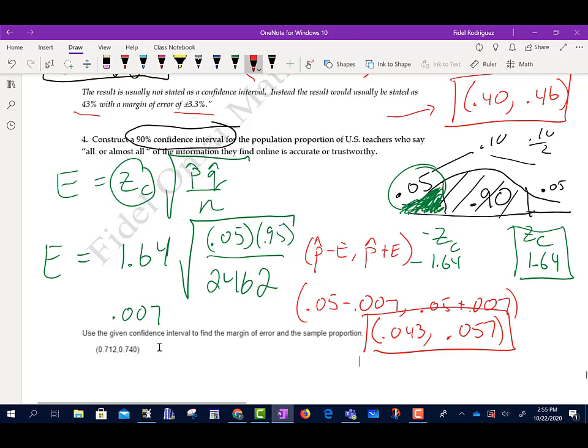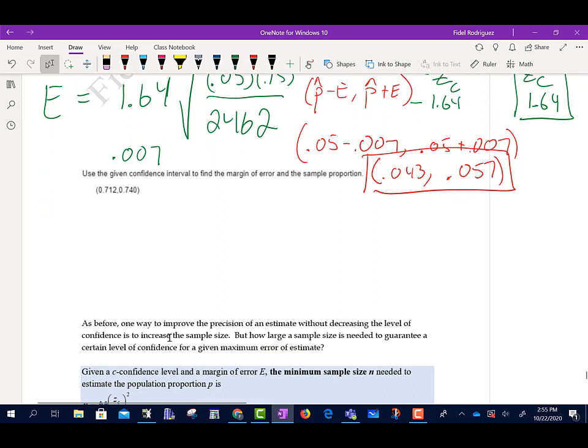All right. So the next problem we have here says use the given confidence interval to find the margin of error and the sample proportion. So again, I want us to think about that number line, right? The two numbers we have are 0.712 and 0.740. So our p hat is going to be that number right there in the middle. So remember how we're going to find our p hat. We're going to find the average of these two numbers.